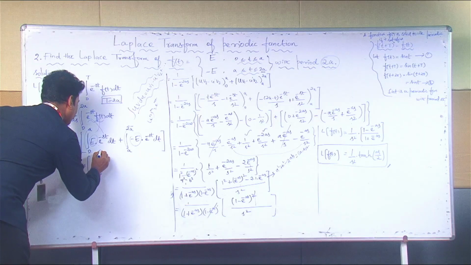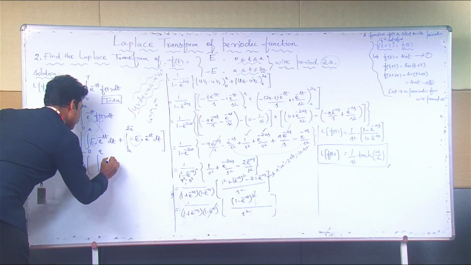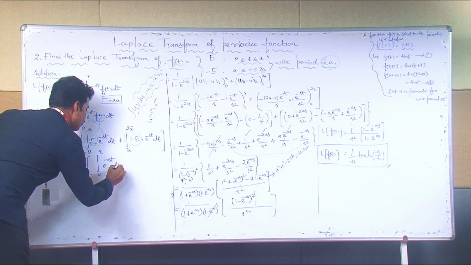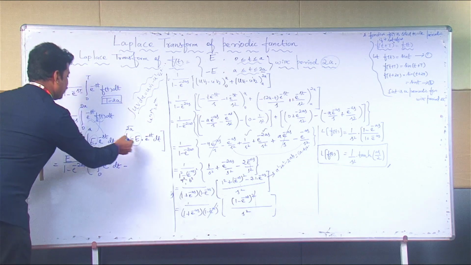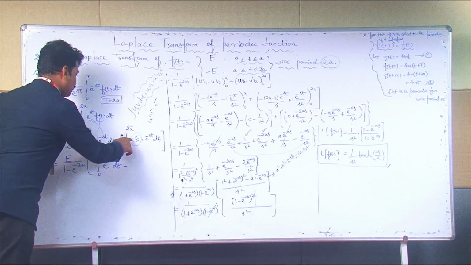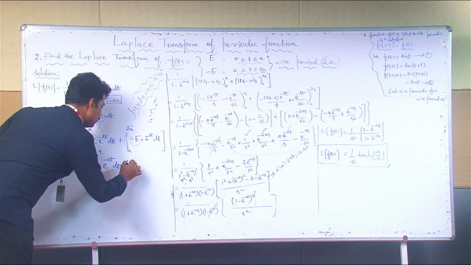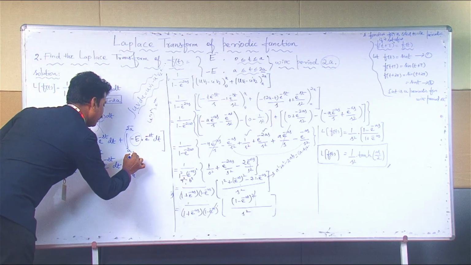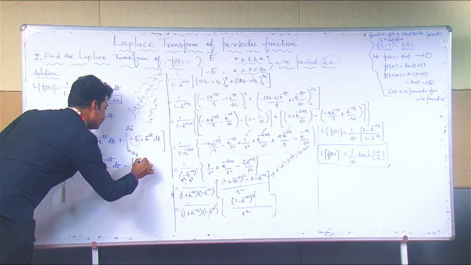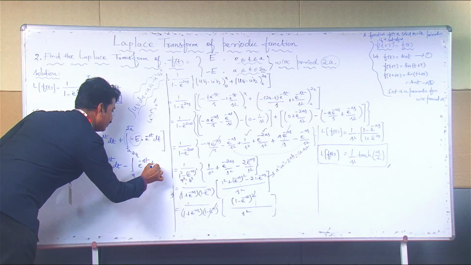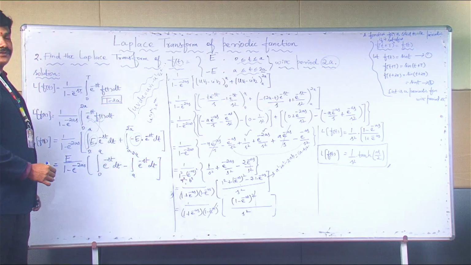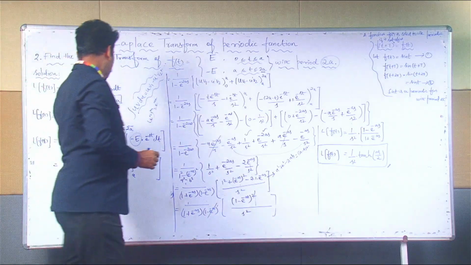integral 0 to a of e power minus st dt, minus, taking only e outside, you have to keep this minus as it is, so integral a to 2a of e power minus st dt. Look at this.